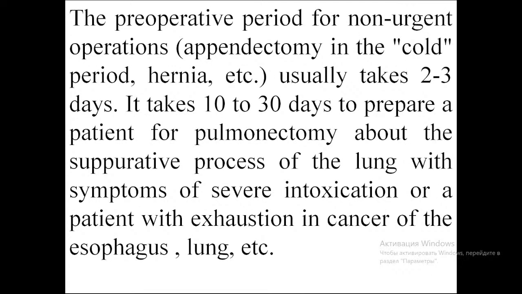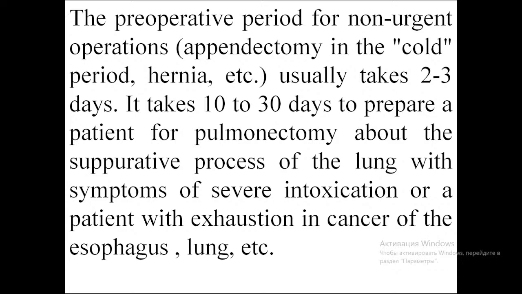Consider the preoperative period for non-urgent operations, for example, appendectomy in the cold period. Appendectomy in an acute period needs urgent operation. But appendectomy in the cold period and hernia need non-urgent operation.